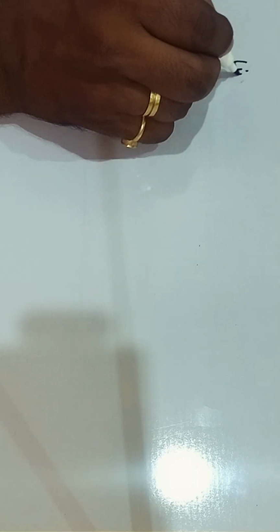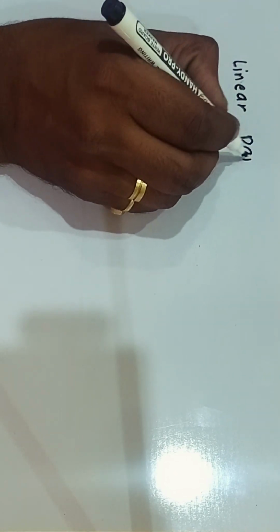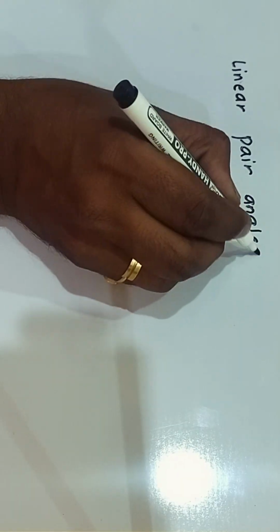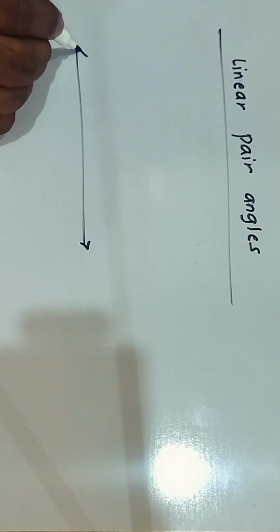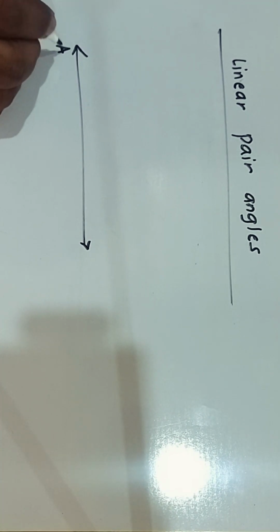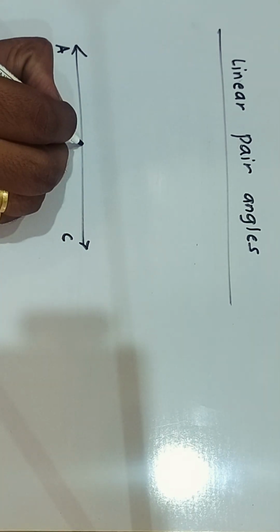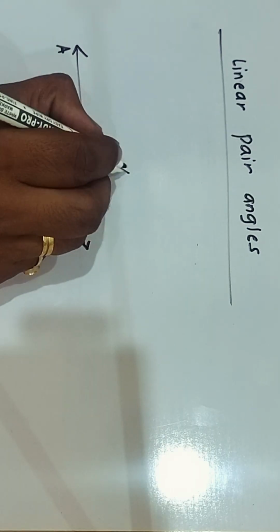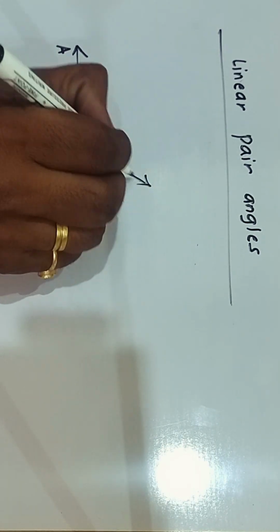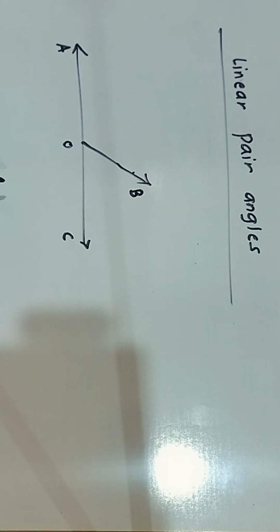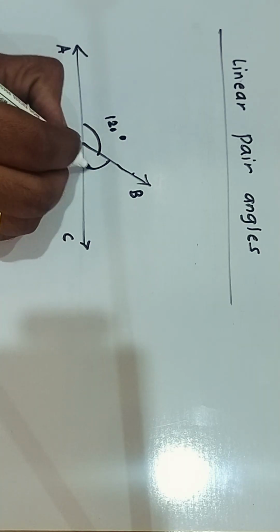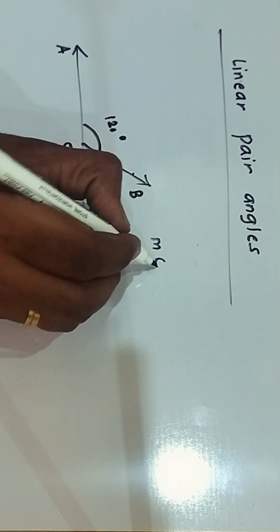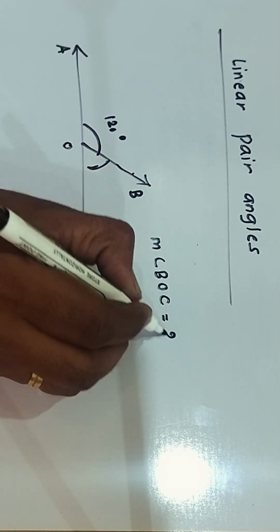Then let's talk about linear pair angles. Consider this particular line segment AC, and from point O another line rises, that is ray OB. Now due to the ray OB, we can see there are two different angles. Let's suppose this is 120 degrees, and now the measure of angle BOC is equal to question mark.